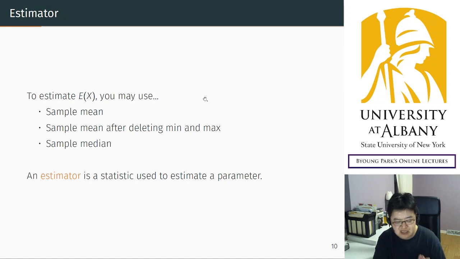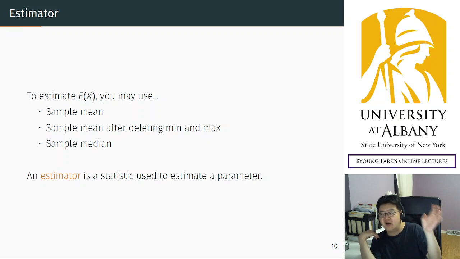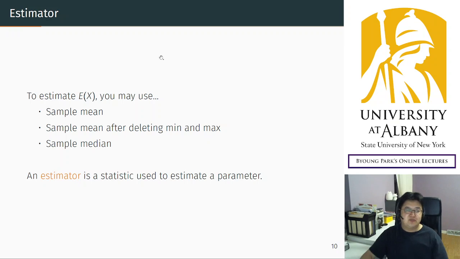So now, okay, the parameter is relatively easy. It's clear, right? And then the next step is to think about the estimator. Suppose you have already set the parameter, so you know what you are estimating. And suppose you would like to estimate the expectation of a random variable x, right?